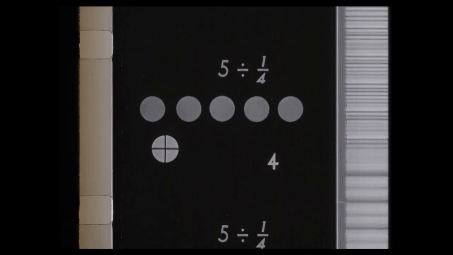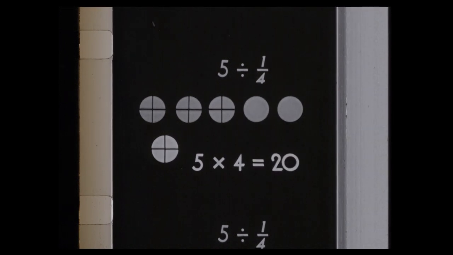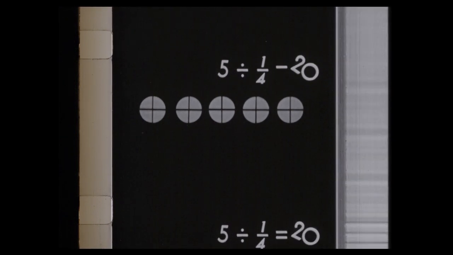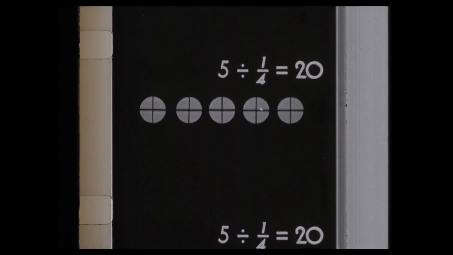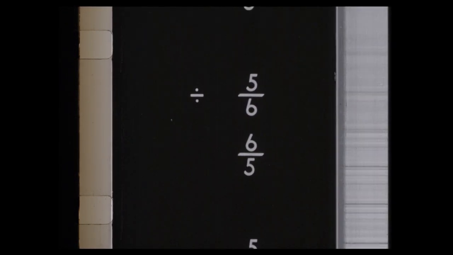Then, we multiply by the number of ones we have. That gives us our answer. Now, we know our rule. When you wish to divide any number by a fraction, you invert your divisor and multiply.